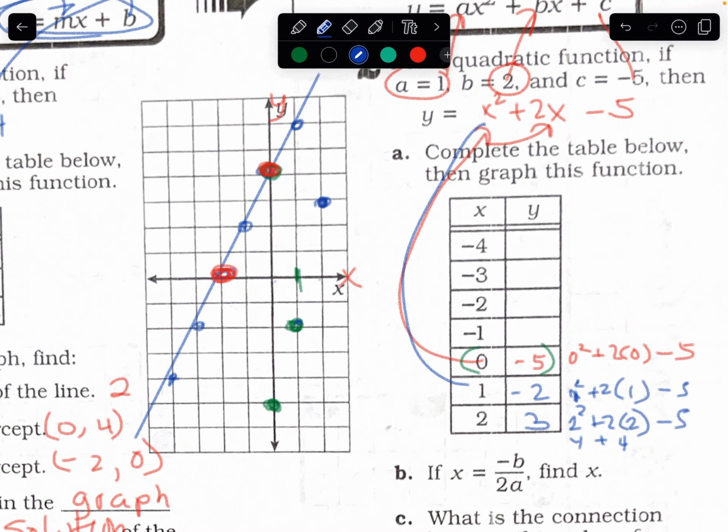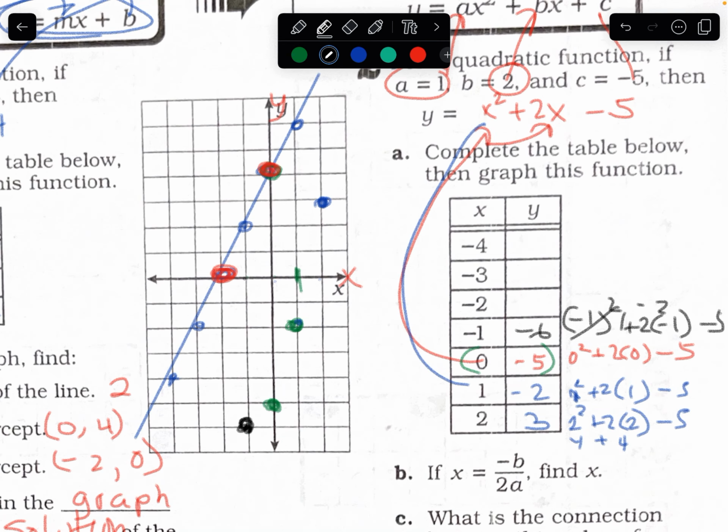Okay, and then I'll do negative 1. I'm trying to find the vertex. Negative 1 squared plus 2 times negative 1 minus 5. That's 1 plus negative 2. That's negative 1, minus 5 is negative 6. So negative 1, negative 6. I think that's the vertex.